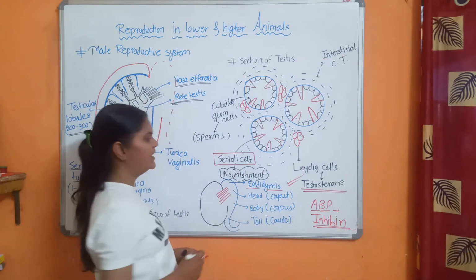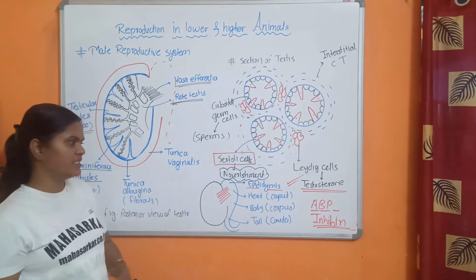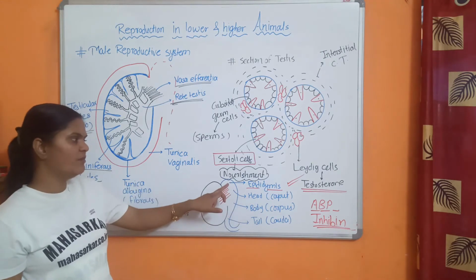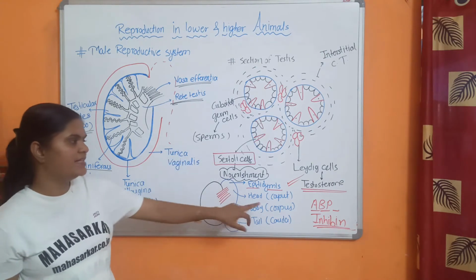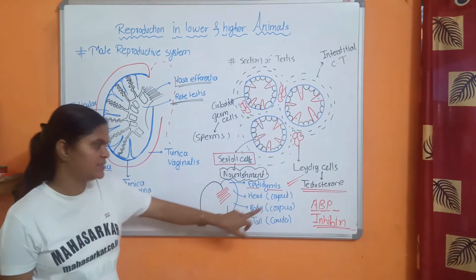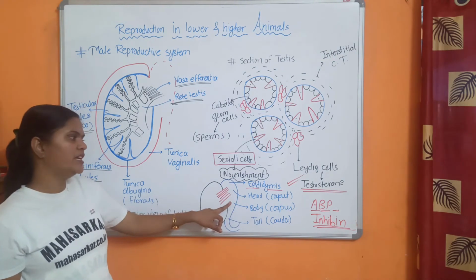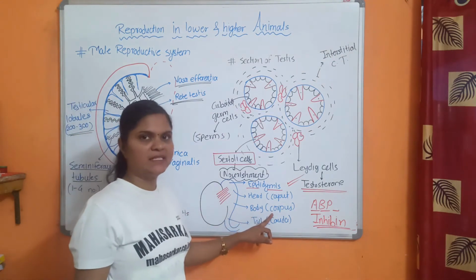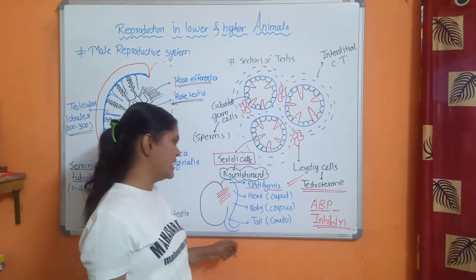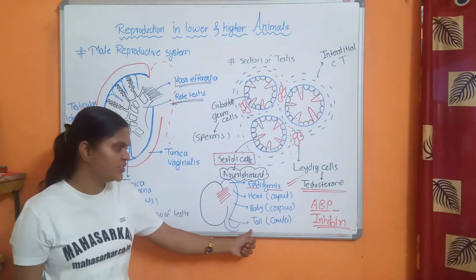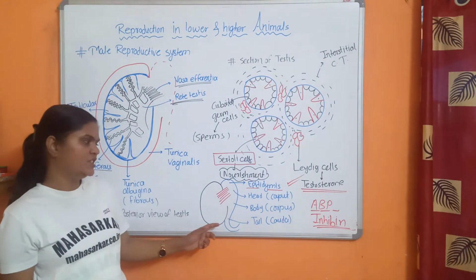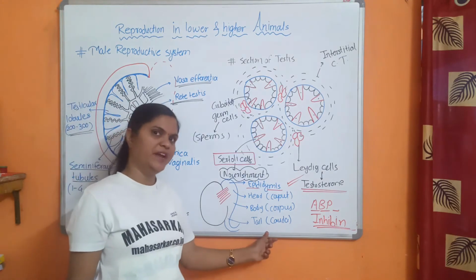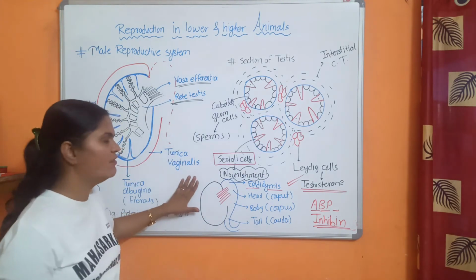The epididymis has three regions: the head region is called caput epididymis, the body region is called corpus epididymis, and the tail region is called cauda epididymis. So what is the function of epididymis?